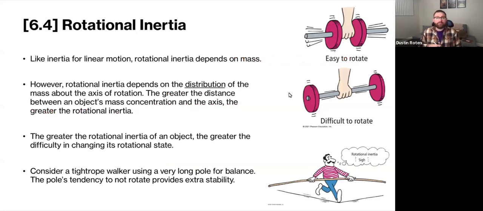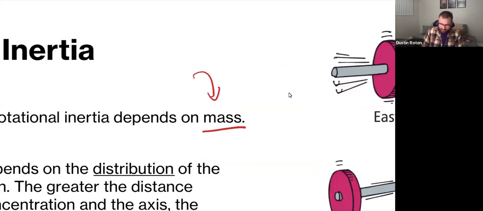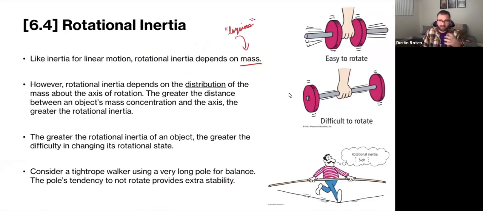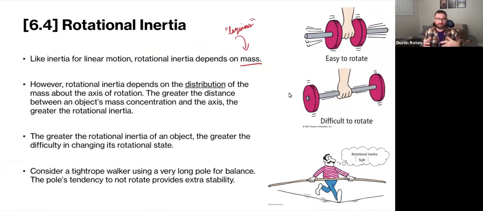Just like linear motion, rotational inertia depends on mass. So remember, that's the measurement of laziness of an object. More mass means it's harder to get moving or harder to stop. Less mass means it's easier to move or easier to stop.